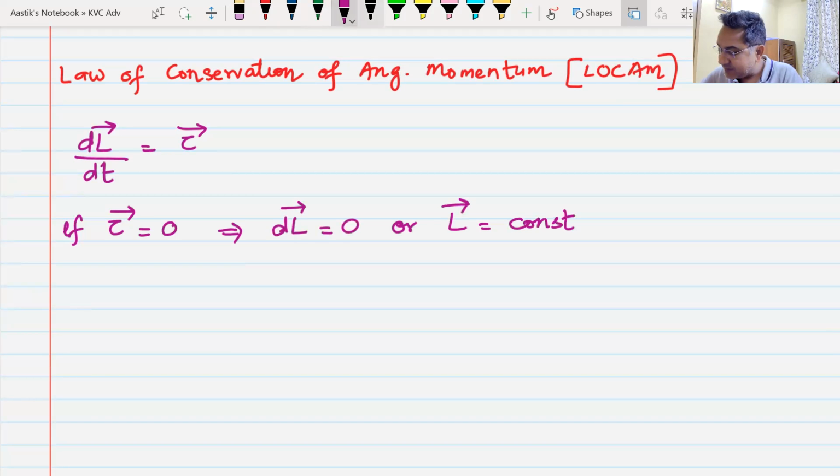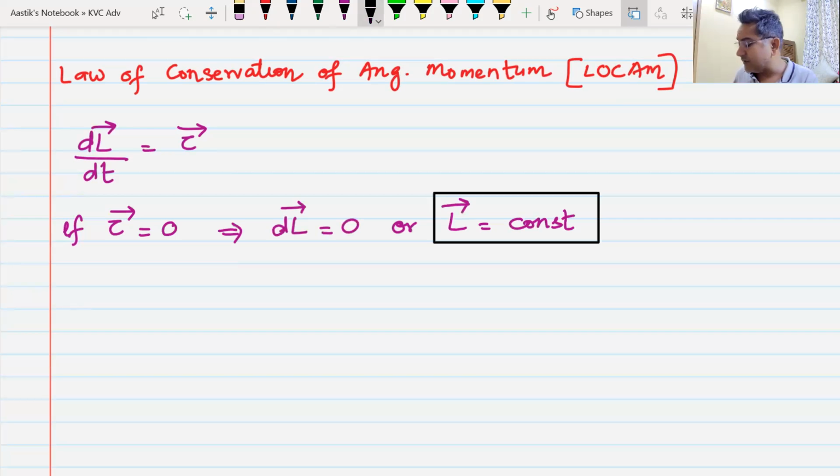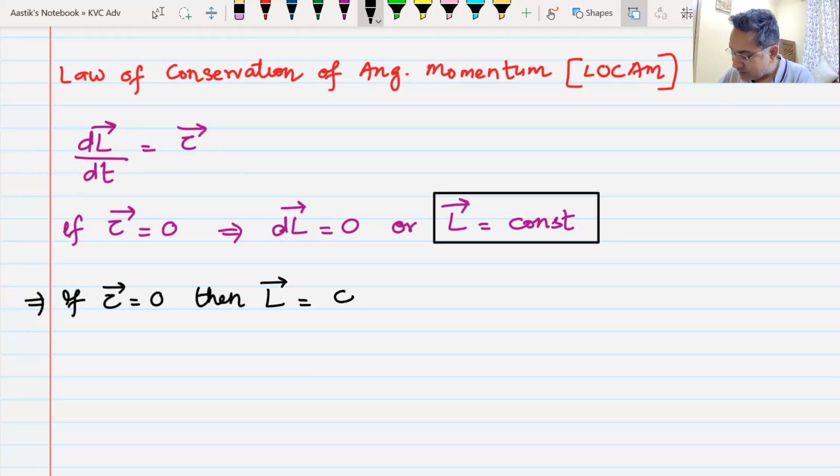This law, my dear friends, is known as the law of conservation of angular momentum, which strictly says that if the tau acting on a body is zero, then the angular momentum of the body remains constant.